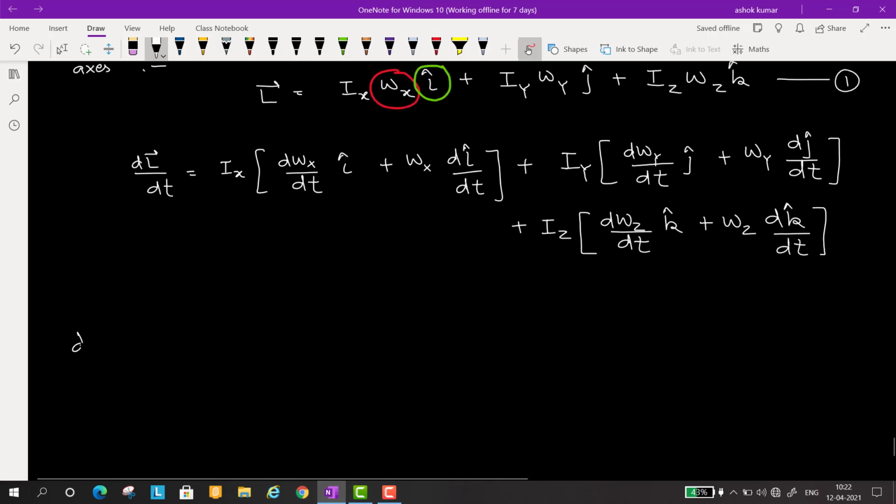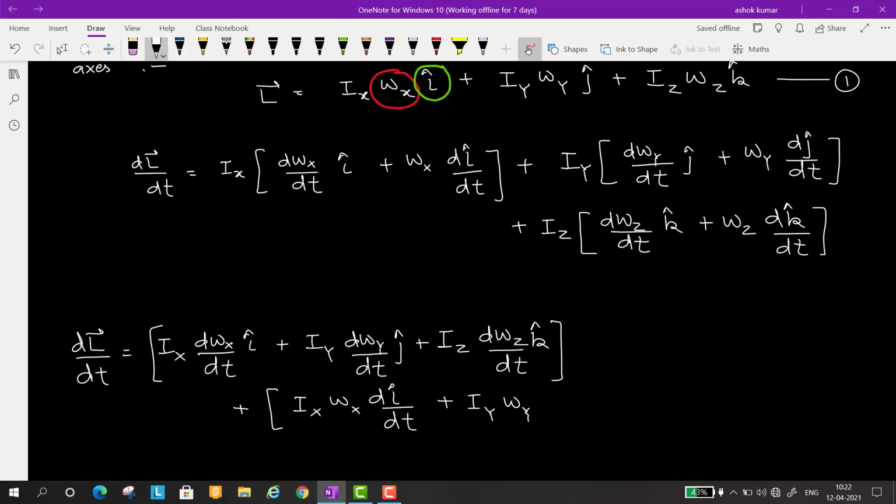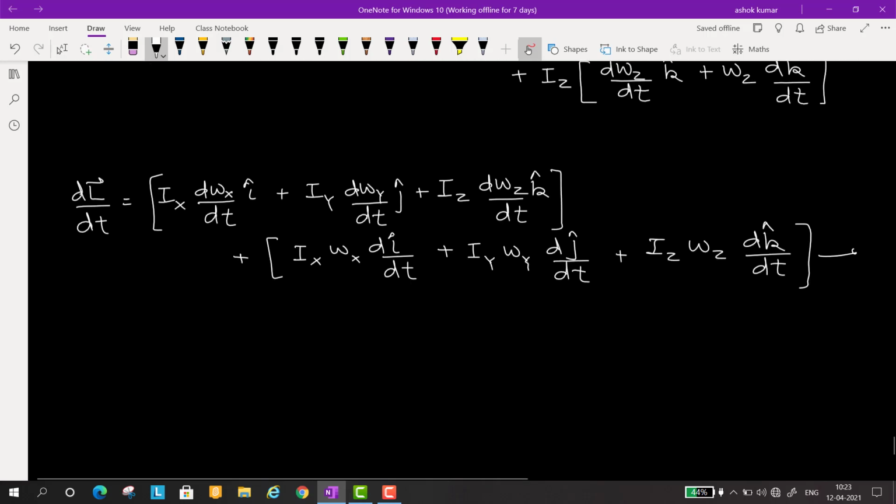So if we separate the terms, we mark this as equation number 2.